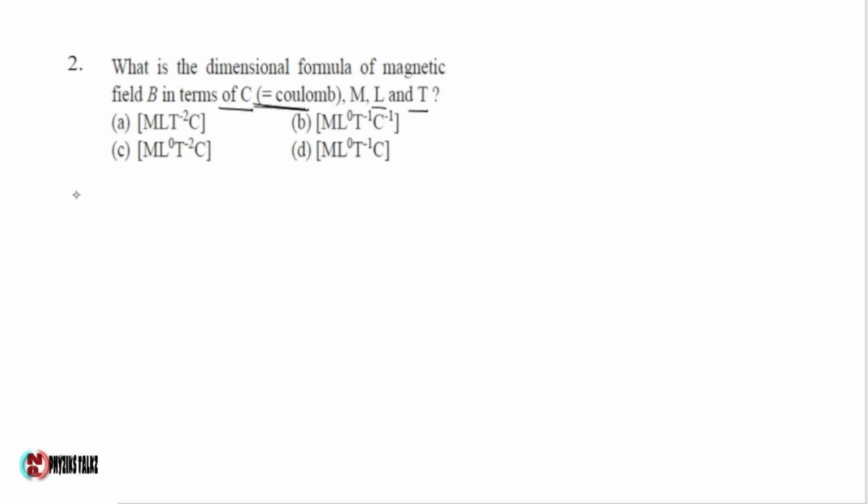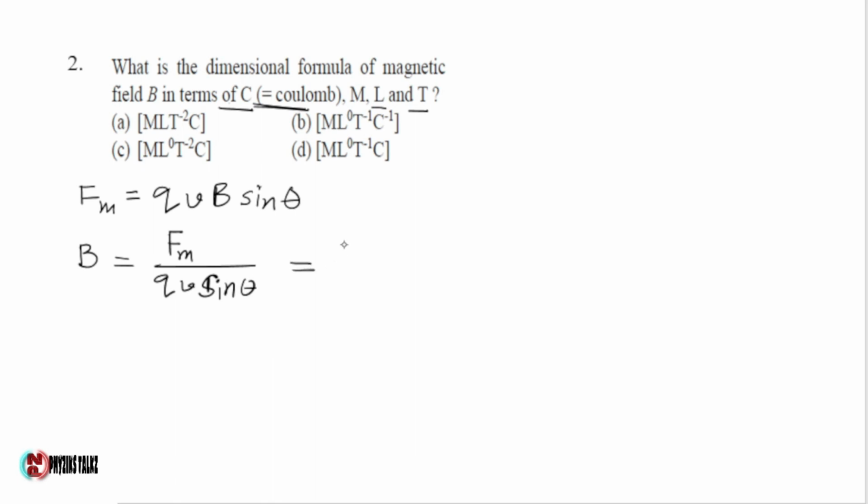Now we all know magnetic force for a moving charged particle F_M equals Q V B sin theta, where Q is the charge of the particle, V is the velocity and theta is the angle between velocity vector and B vector. Now B equals F_M by Q V sin theta.